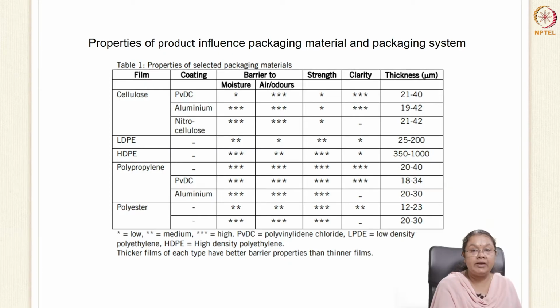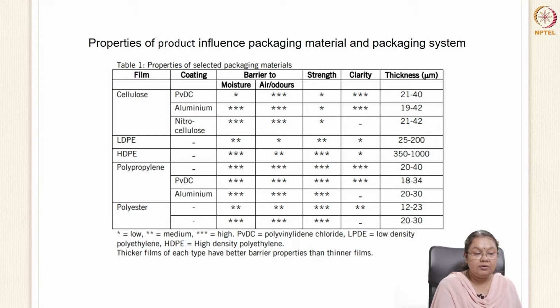That's why packaging is very important. Most food products need a package which is resistant to moisture, which has good barrier properties against water vapor and gas or oxygen. Accordingly, based on these properties of the packaging system, the packaging material needs to be selected.